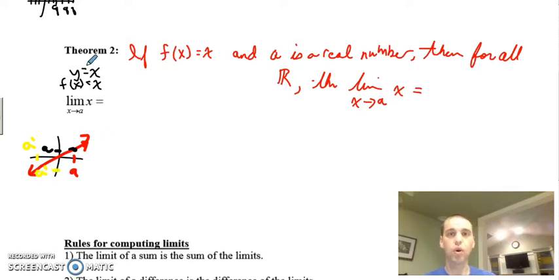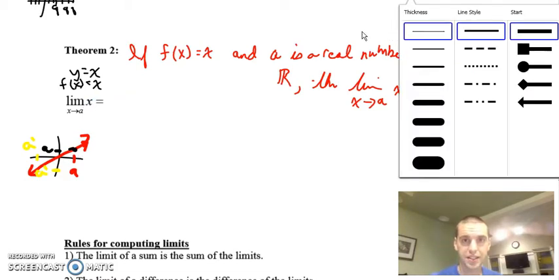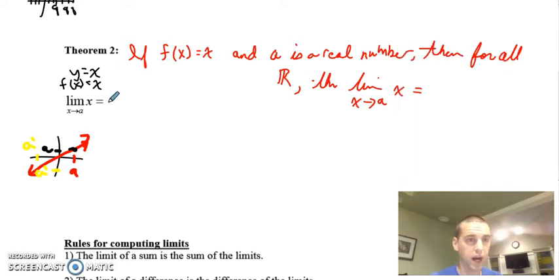And so what we're trying to state with this theorem is that for any number that we are looking at, the x value, a value, the limit better be the y value. And so what is that y value? That y value is a.